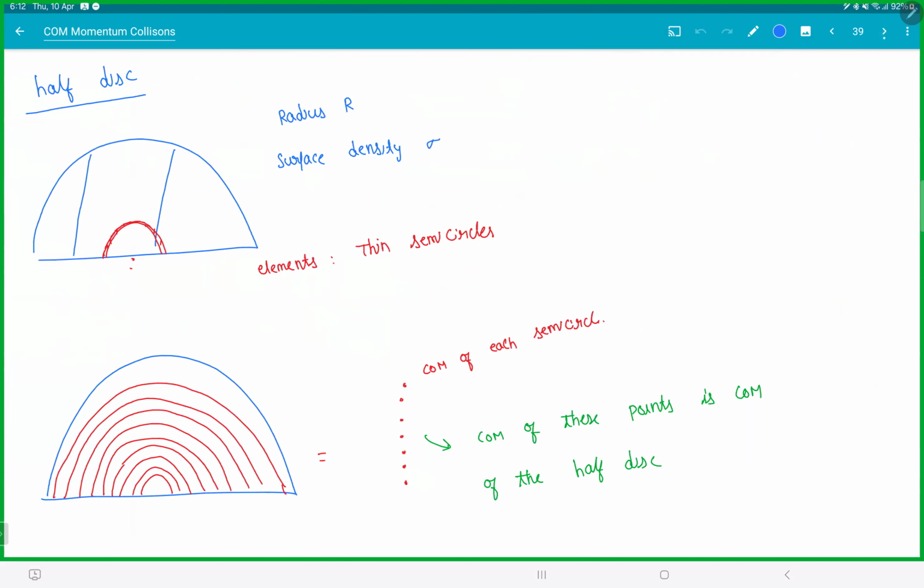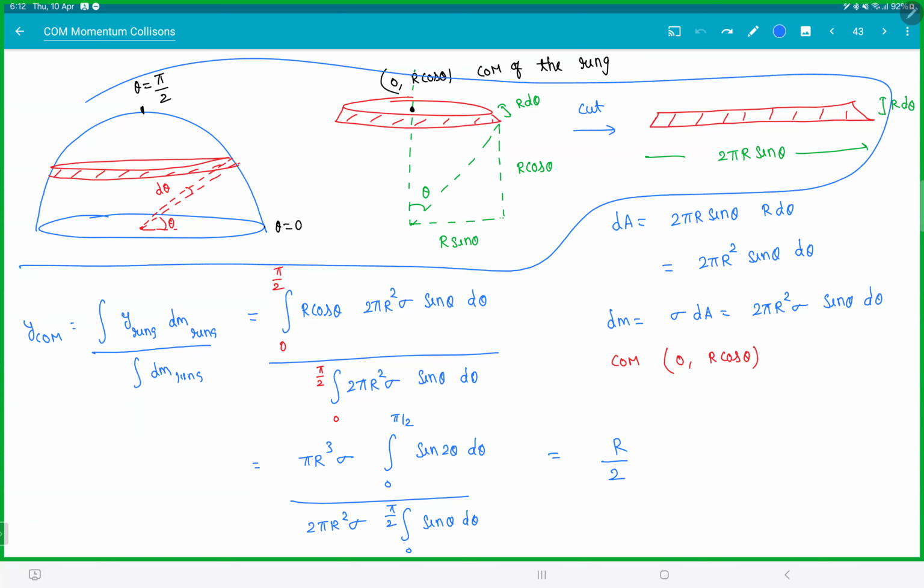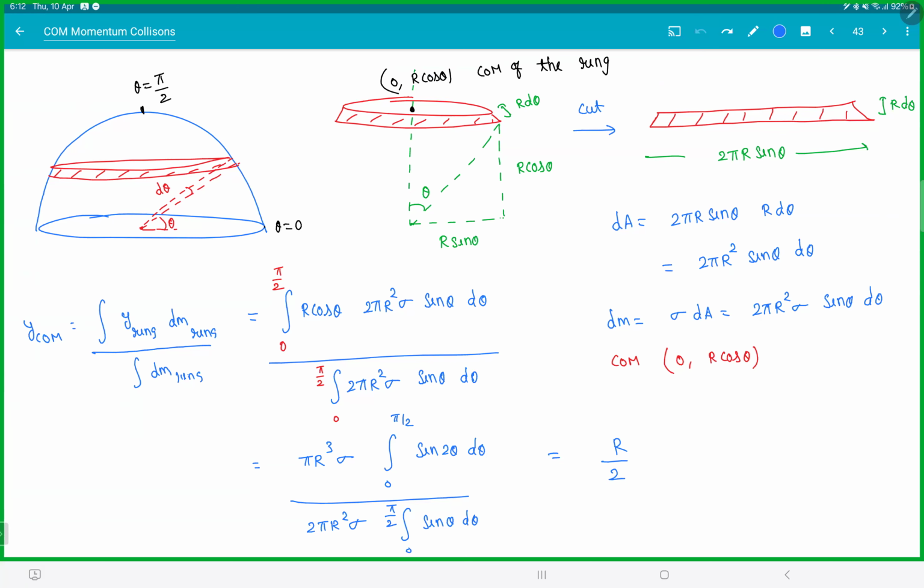This is the first time we saw hollow hemisphere, center of mass, rings. How did we choose an element? At an angle theta, take a small ring r d theta. This is the element. This is the area. Independent of the chapter, this part is constant. Can you see how we did choose the element?